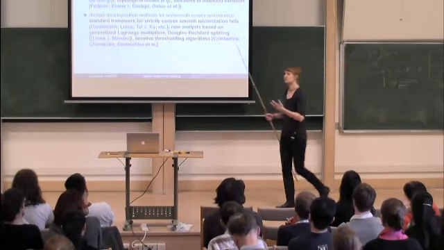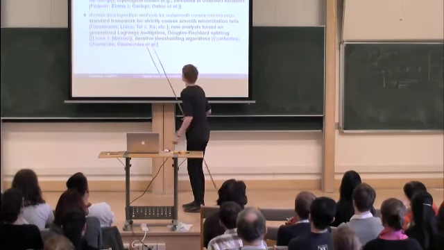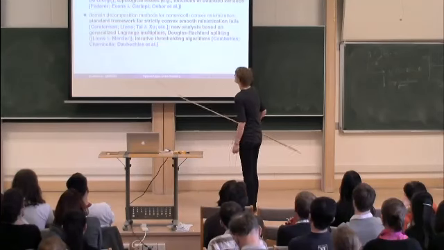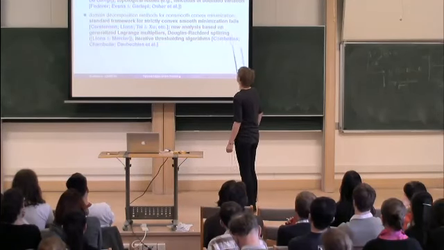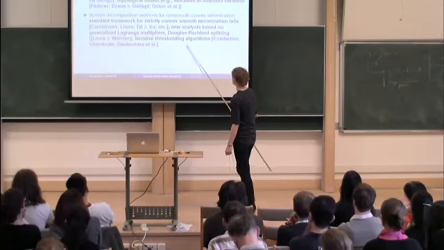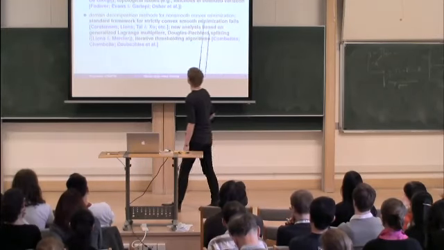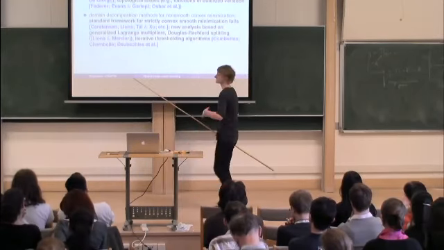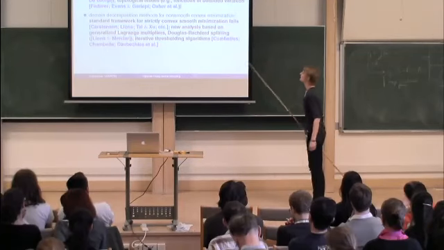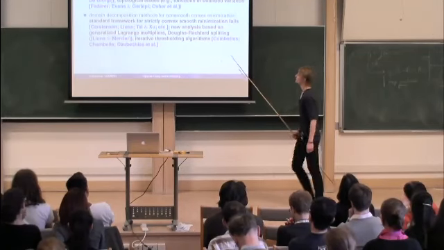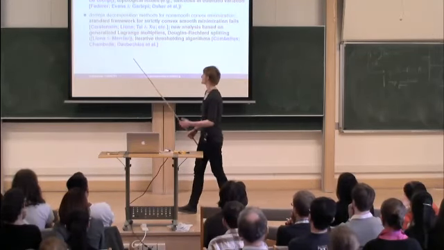So I have to somehow deal with those issues. And again, there are some keywords here, like iterative thresholding, Douglas-Rachford splitting, things like this that I have to use in order to deal with this special situation.